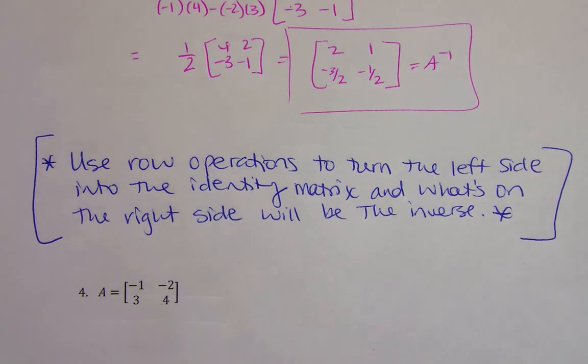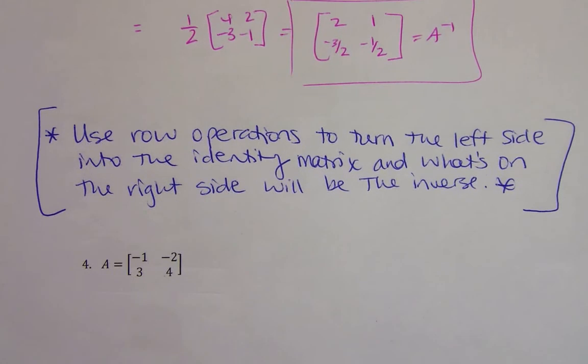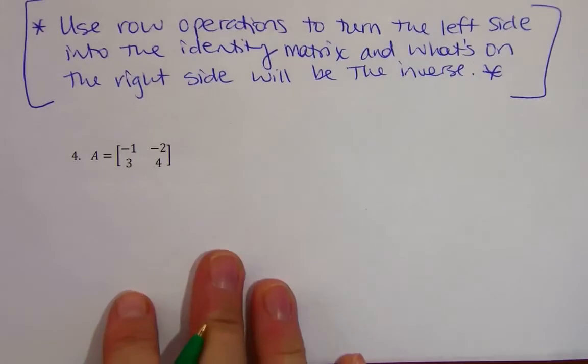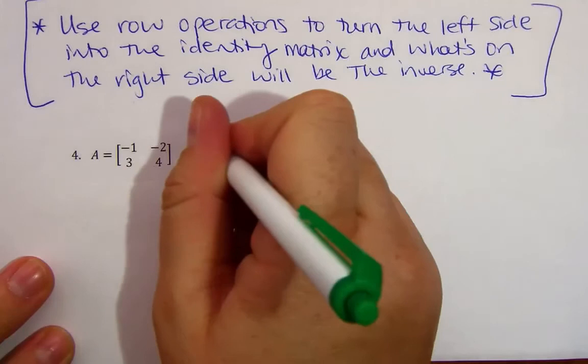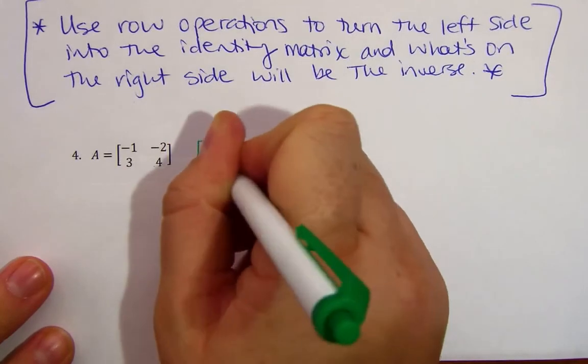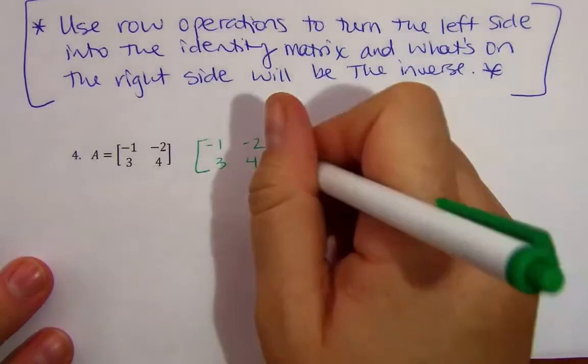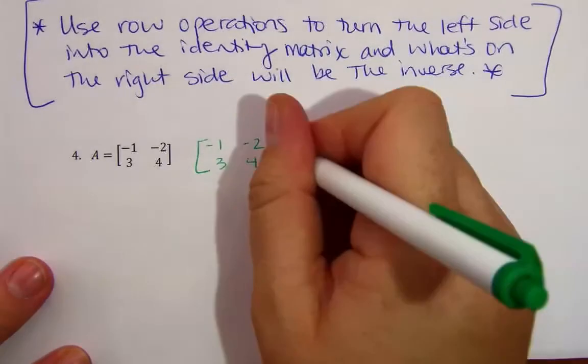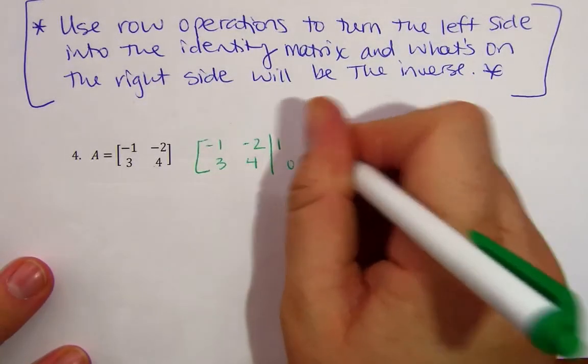Now, let's go ahead and look at this first example here. So I'm going to set this up using row operations. So I have negative 1, negative 2, 3, 4. We're going to put this line right here, and then I'm going to put the identity matrix.